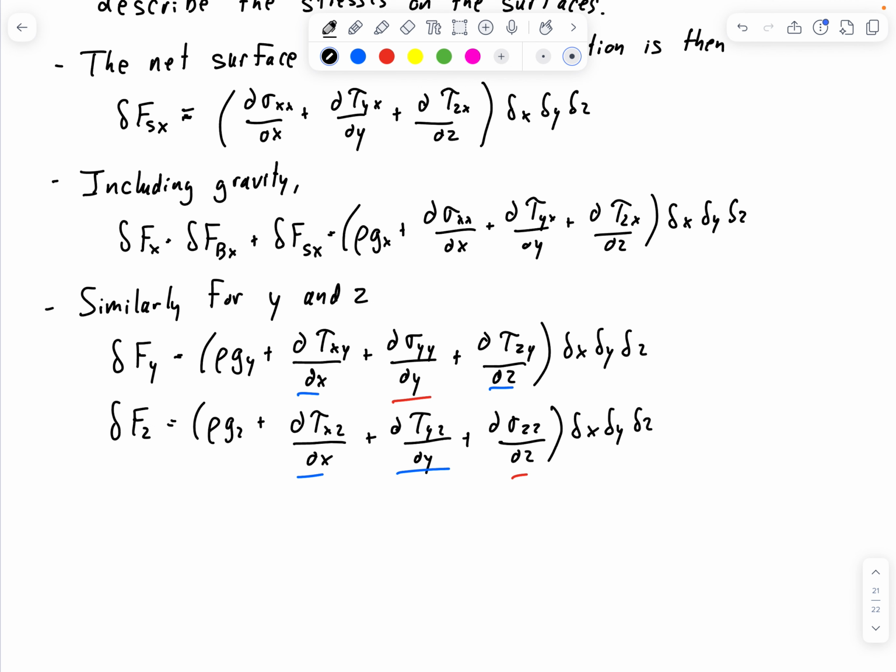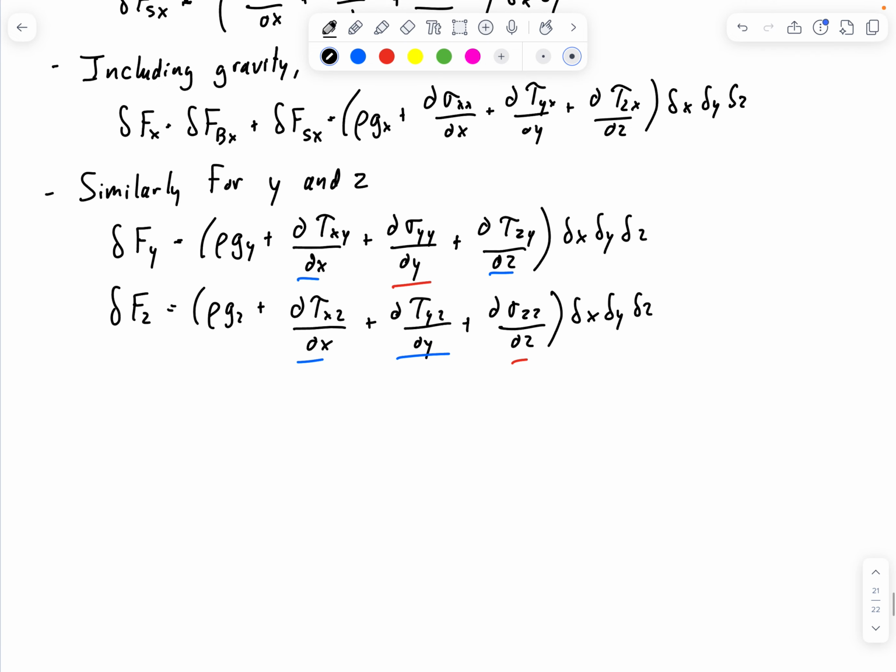So now we have the full expressions for all of our forces in the x, y, and z directions. And so now we can take those and substitute them back into our momentum equation, our conservation of linear momentum equation.